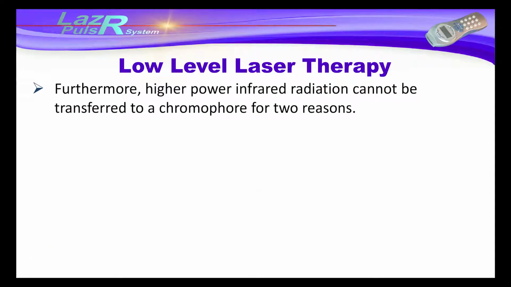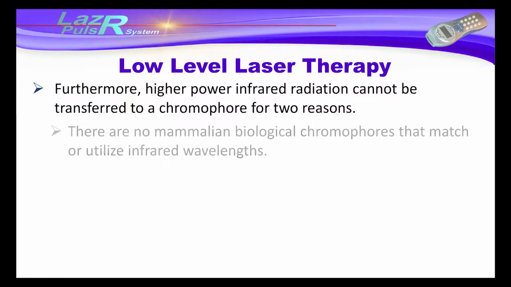Furthermore, higher-powered infrared radiation cannot be transferred to a chromophore for two specific reasons. We previously stated that transfer of photons to a chromophore is dependent on the wavelength and power density of the photon matching the chromophore. Just like the chromophores in your eyes, there are no mammalian biological chromophores that match or utilize infrared wavelengths.